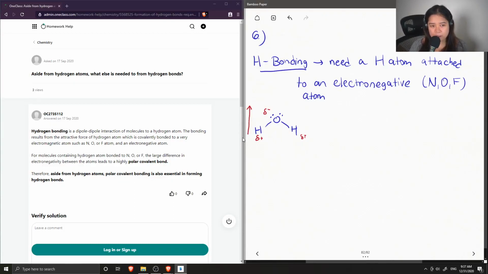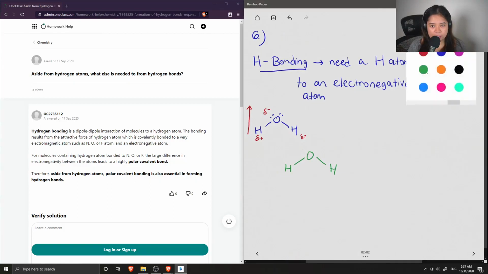So what happens with hydrogen bonding is that when we have a second water molecule, which I'll draw down here, it also has a partially negative side and a partially positive side.